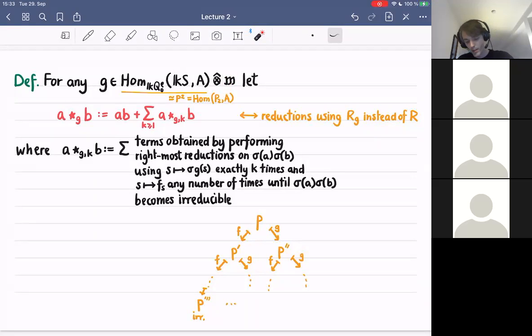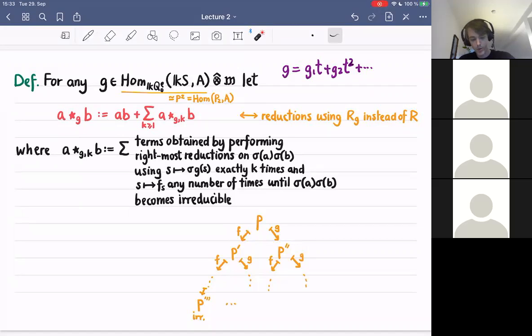So this could be just tensor with T, so that, for example, G could look like G1 T plus G2 T squared and so on. And then this bilinear operation star G is defined as follows.